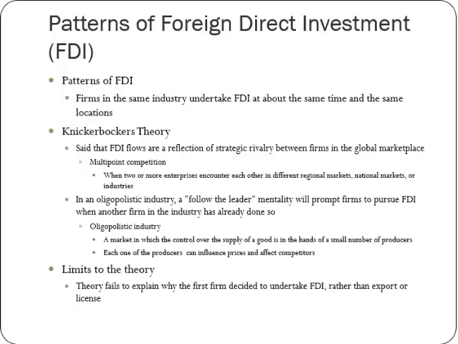Knickerbocker's theory essentially is that when one member of a group that's dominant in a certain business goes into a different market and opens up a factory or some sort of manufacturing or service provider to another market, the others feel compelled to do the same thing.